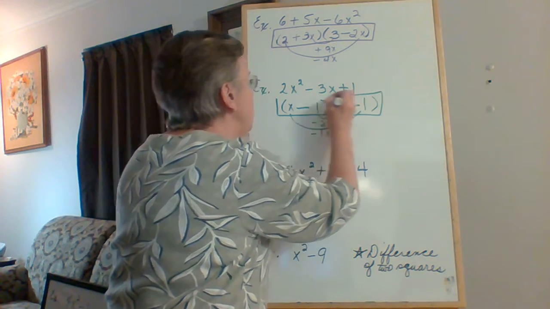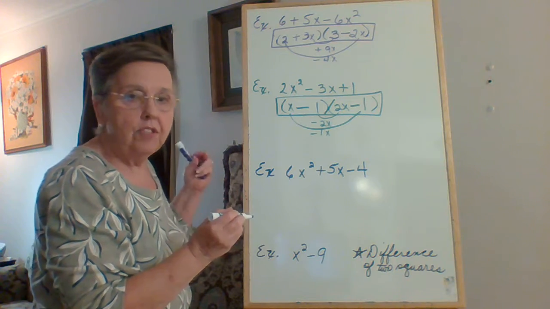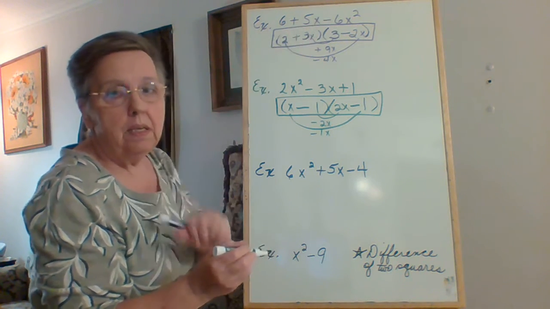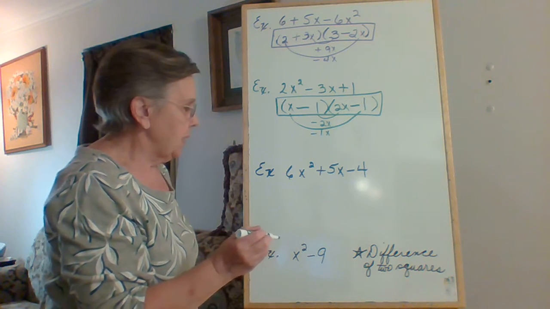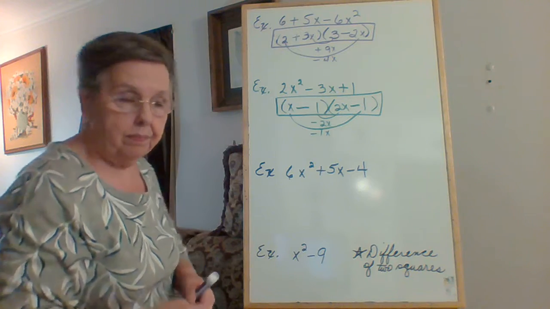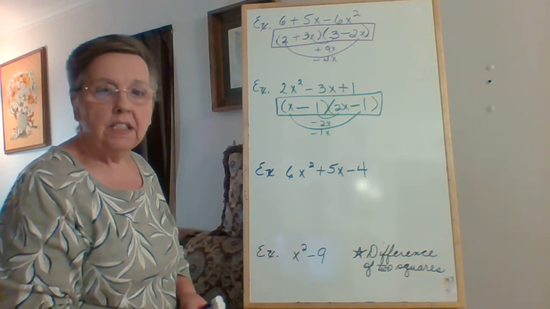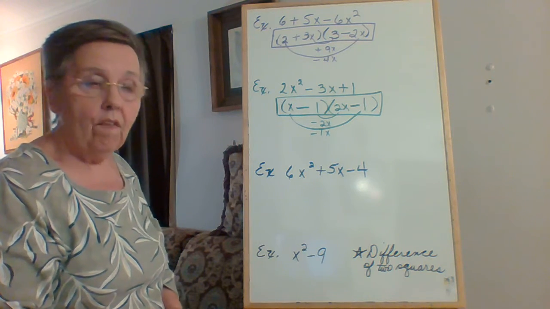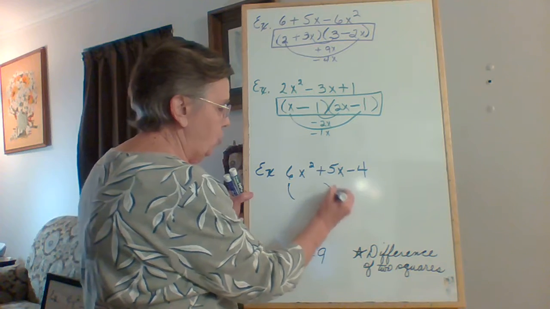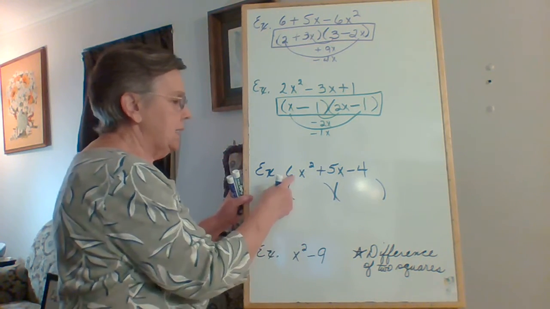In your assignment, you're going to have problems like you had in the last session, factoring, and problems here where that last term is a minus. Let's look at the next example. 6x squared plus 5x minus 4. Two parentheses. 6x squared.